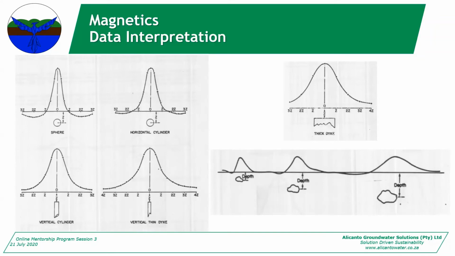But if they say, listen, we need water, we've got no other options, so it's got quite a bit of weight behind it, so you need to be quite accurate. So then you would dedicate time to your desktop review and charge for that, and then dedicate time to your geophysical survey and the report writing, which you'll also charge for.